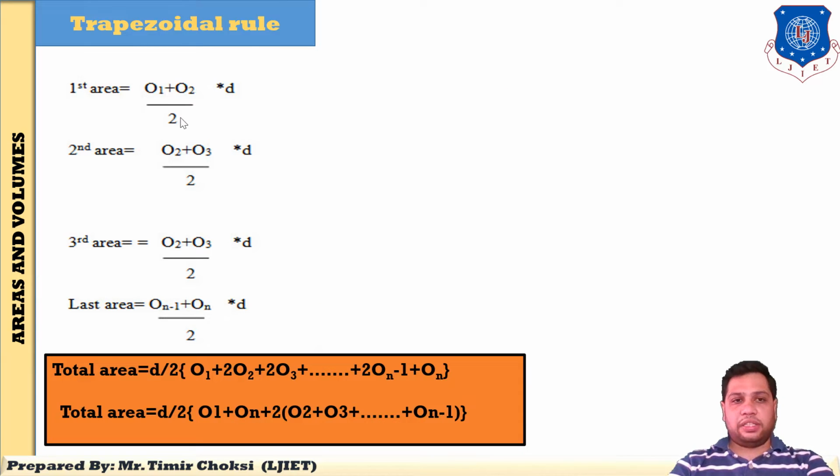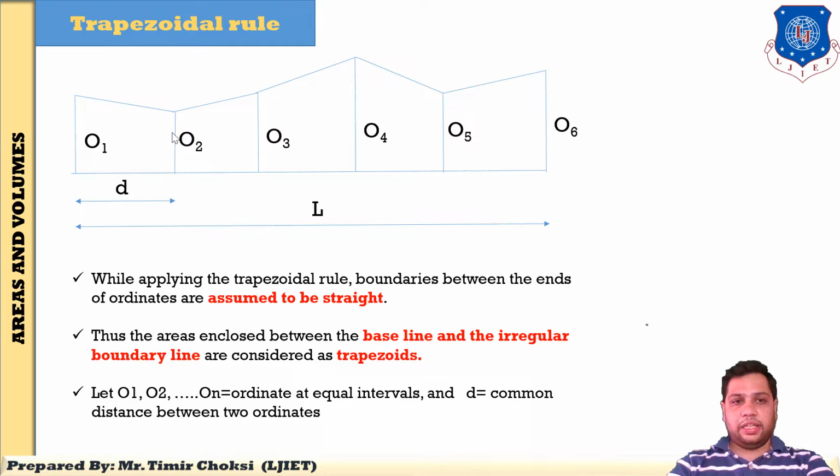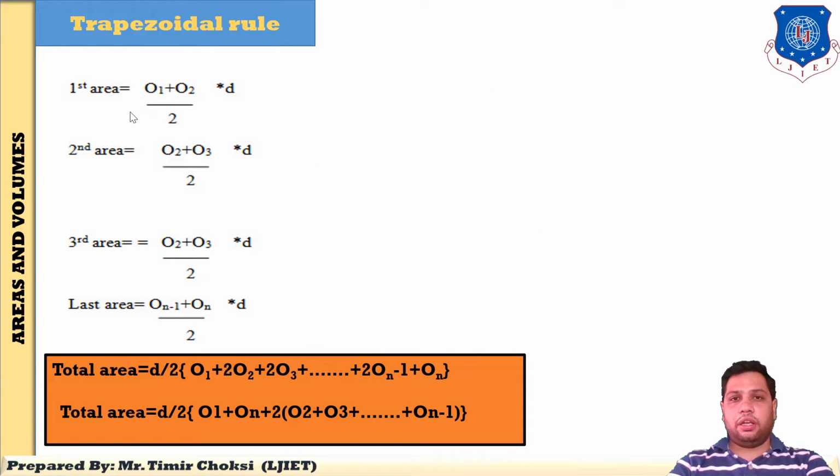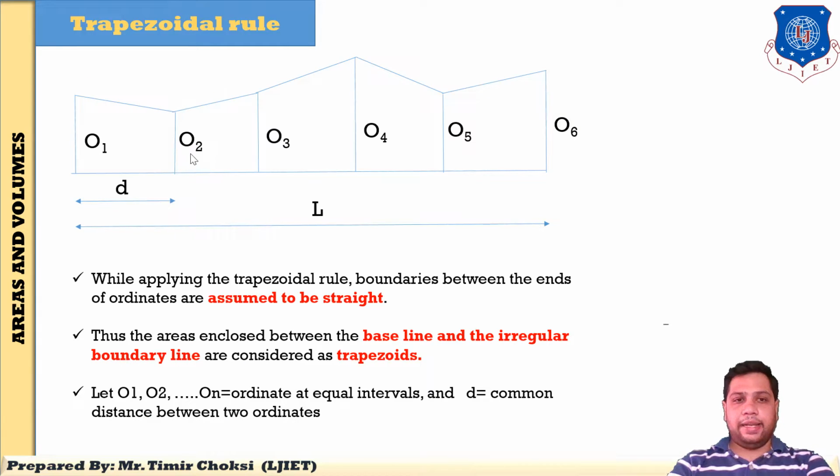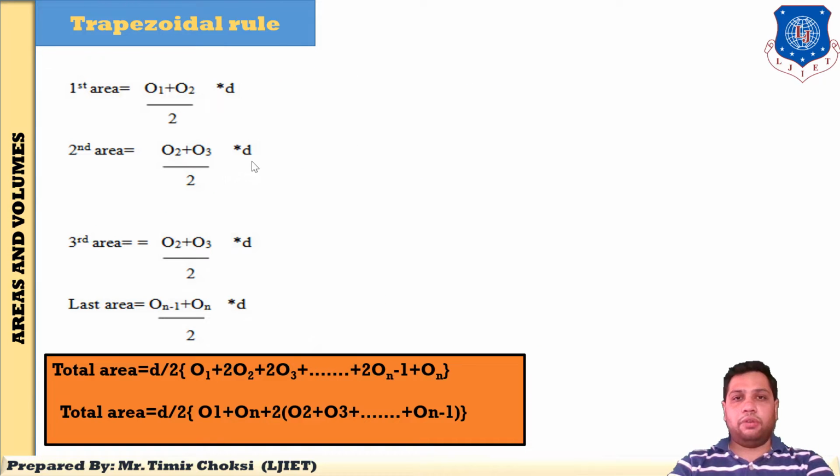Now the first area, this particular portion, is O1 plus O2 divided by 2, into D. So the area of the trapezoid is the first ordinate plus the next ordinate, divided by 2, into D. Similarly the second area, this portion, is O2 plus O3 divided by 2, into D. Because D is a common distance at the same interval, you consider only a small d.